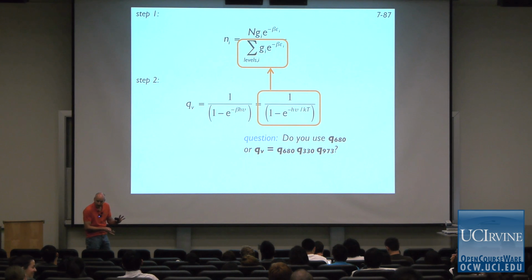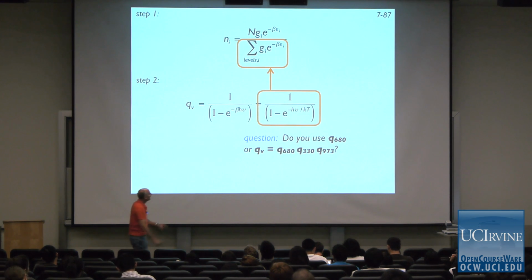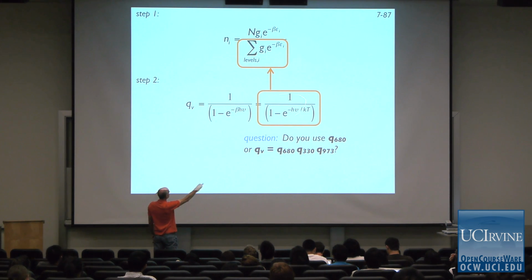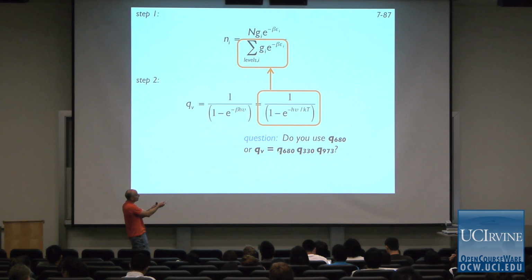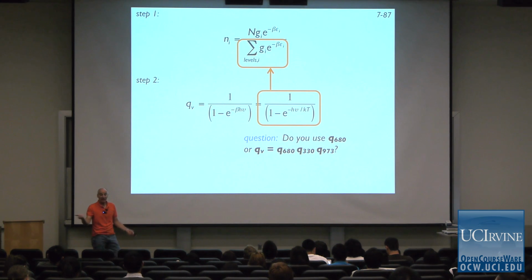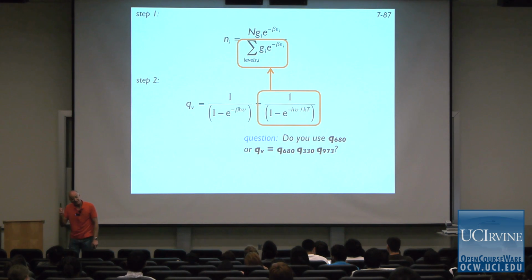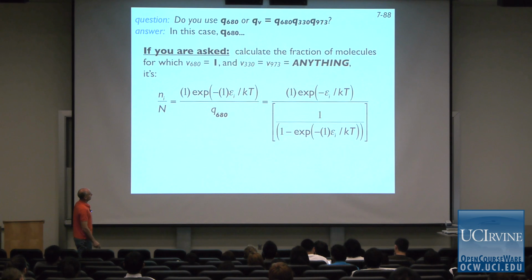Now, here's the confusing part. Am I going to use, in this partition function, the overall partition function for the molecule, in other words, Q, Q, Q multiplied together, or am I going to just use Q680? Because I'm only asked about the 680 wave number mode. I'm asked, is the 680 wave number mode excited?